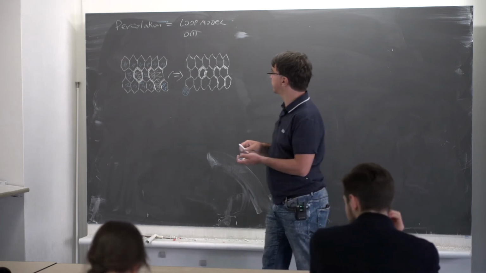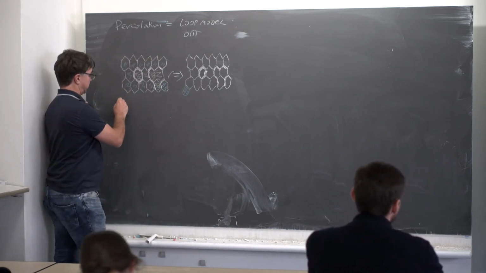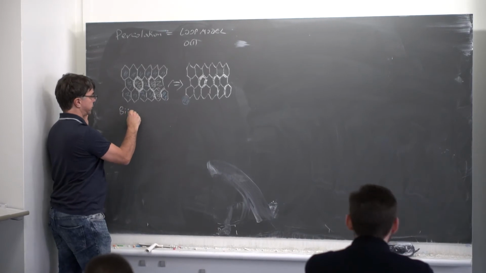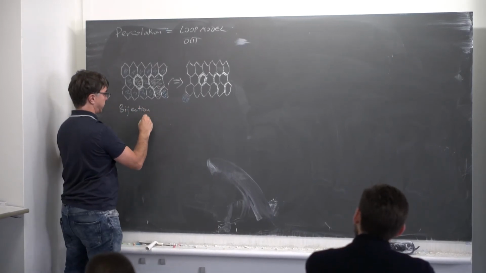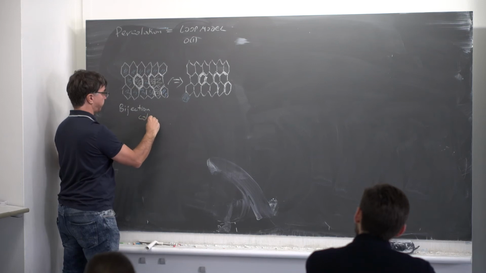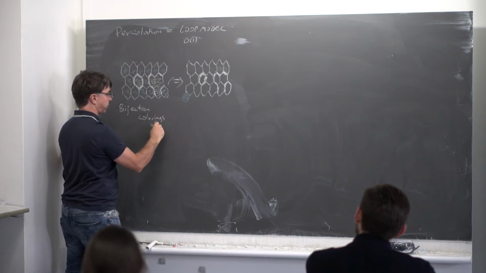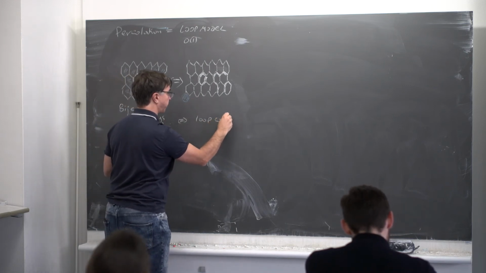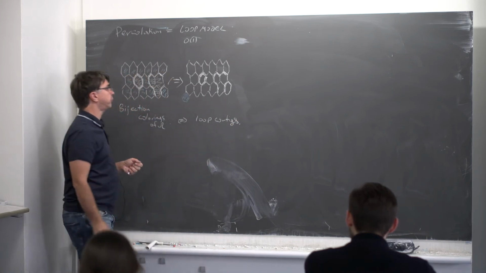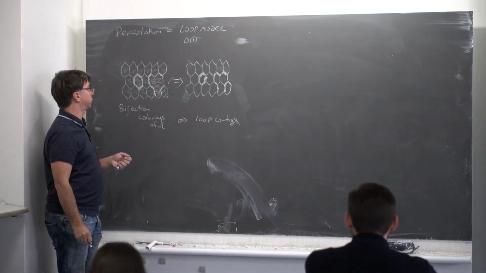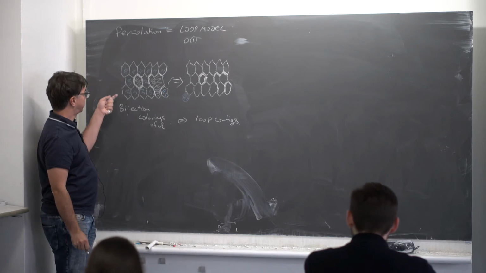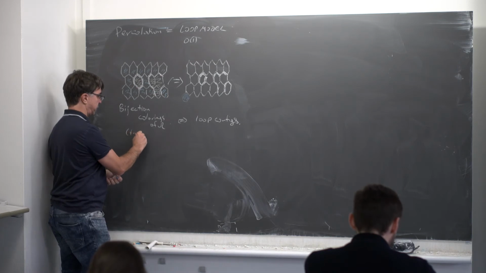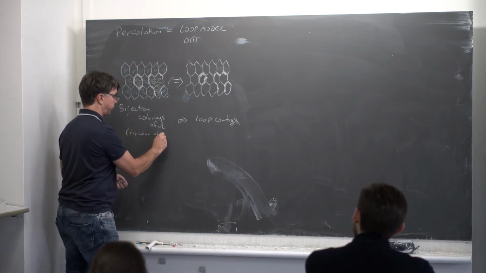So basically there is a bijection between colorings of omega and loop configurations. And to have a bijection, you need to fix a color of one hexagon, so fix the color of a corner.